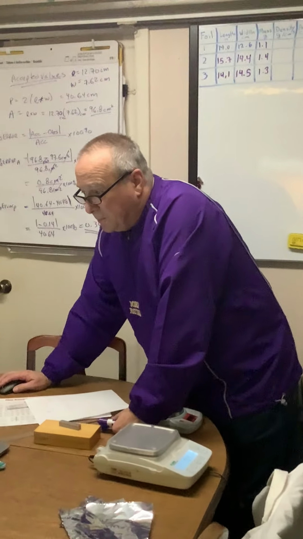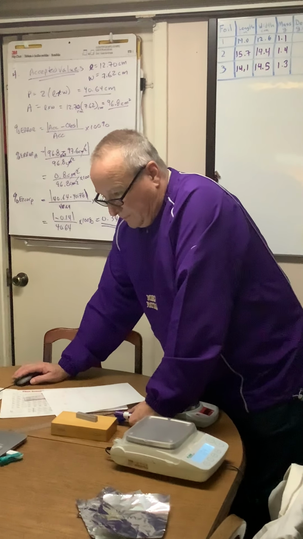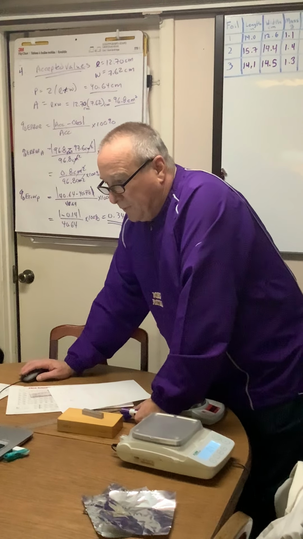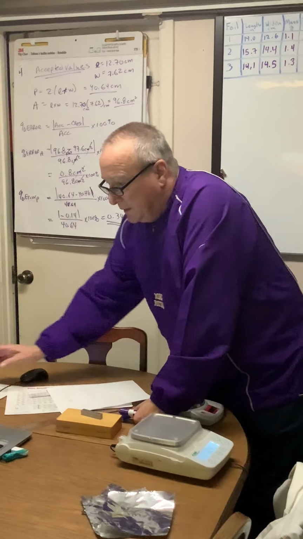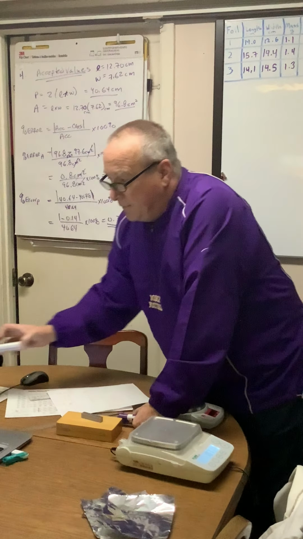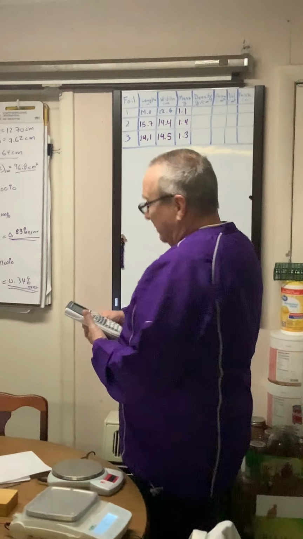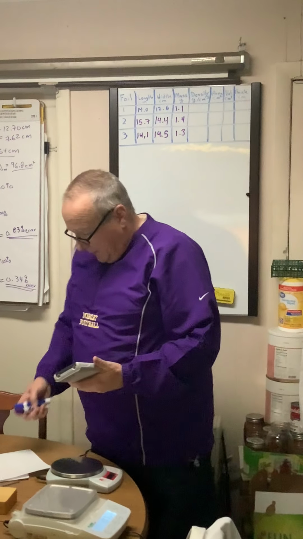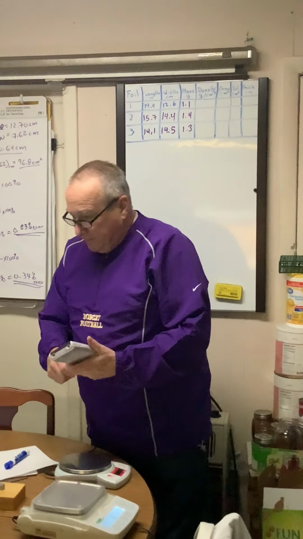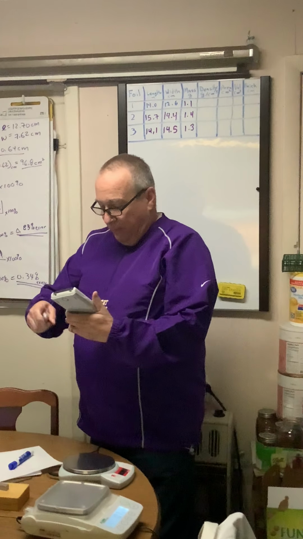So we're going to begin our calculations. We've got our width and length for every one of these and our mass. And two of the things we need are density and the area. The area is a calculated value.